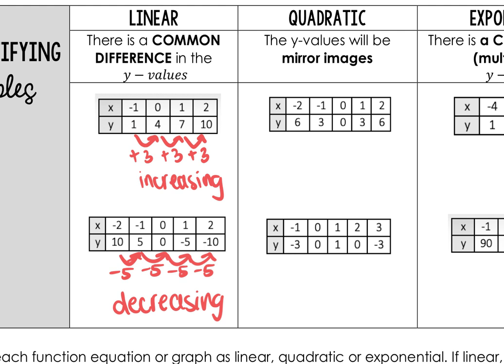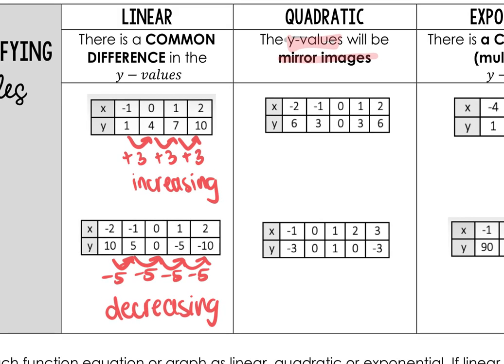Then we're going to move on to quadratic, and what you will see with the quadratic y values is that they are going to be mirror images. So the y values will be mirror images of each other. So if I look at the first example that I gave you, the y values go from 6 to 3 and 3 to 0.